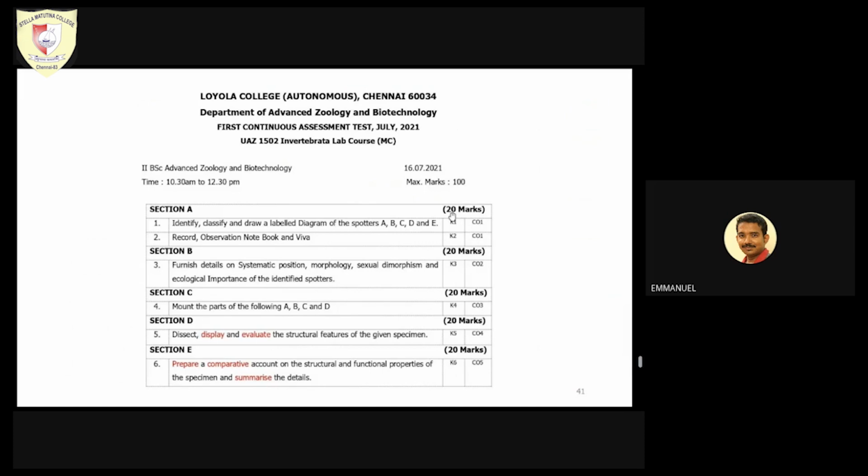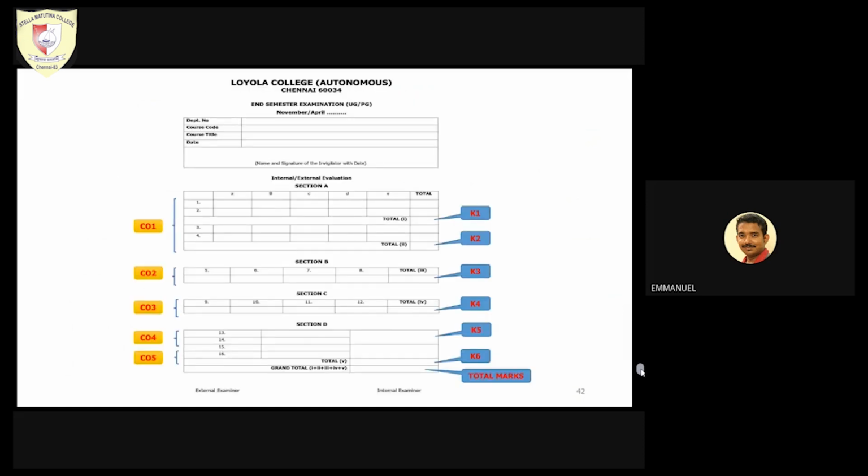Equal weightage for each section, 20, 20, 20, 20, 20: K1, K2 20, K3 level 20, K4 level 20, K5 level 20, K6 level 20. This is a model suggested, and on this model the software is getting updated, is getting constructed.